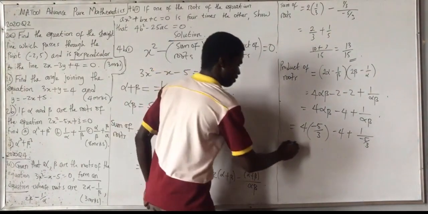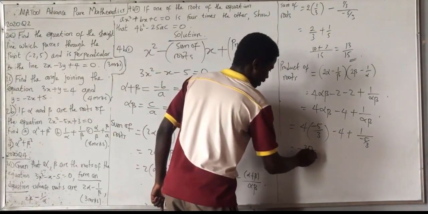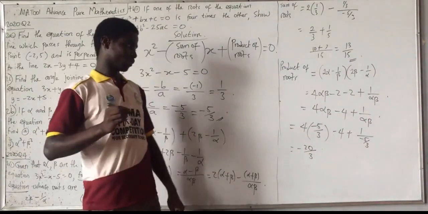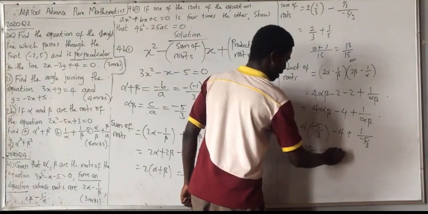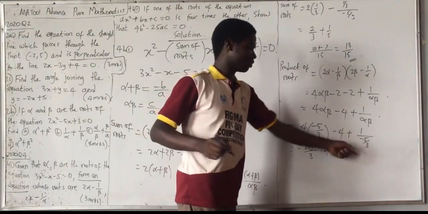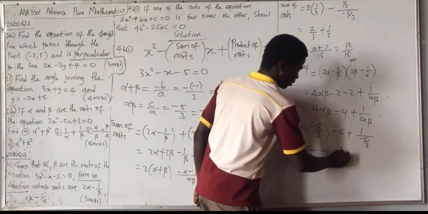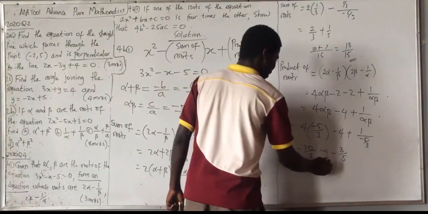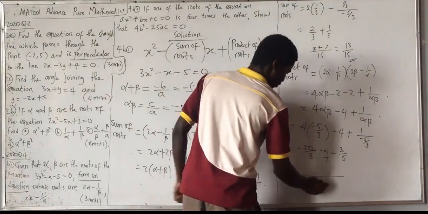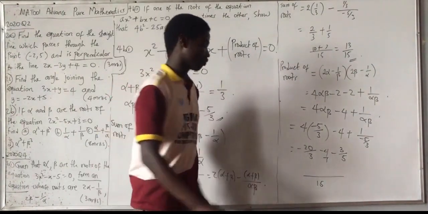Open this bracket, you have minus 20 over 3. Minus 4. Plus times minus will give me minus, then swap. This one will be 3 over 5. If you press calculator, you will get 3 over 5. So LCM is, this is over 1. LCM is 15. 15 divided by 3, 5. 5 times 20, 100.